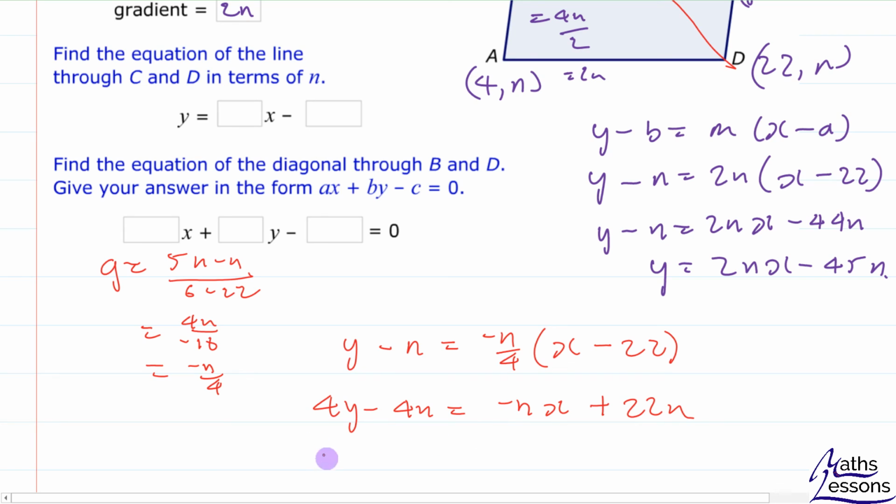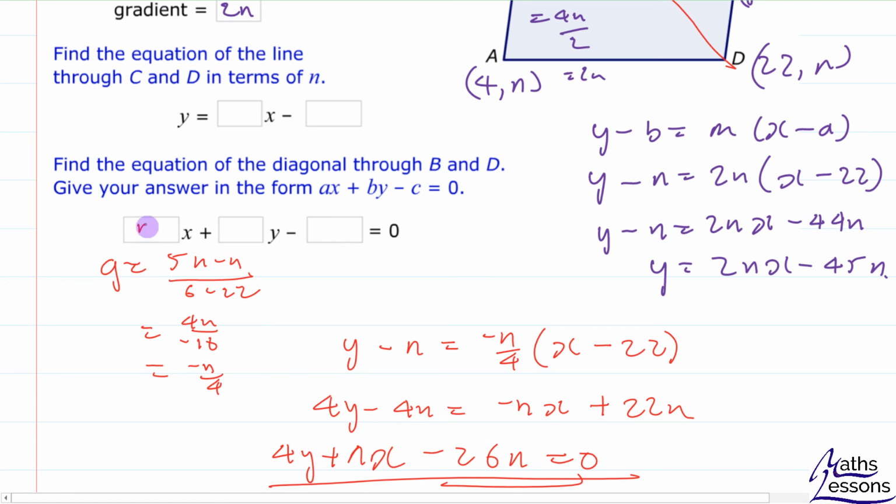Let's add on the nx, so we get 4y plus nx, and then minus 4n minus another 22n gives me minus 26n equals 0. And we've now written it in the way they want. So the value in here will be n, the value in here will be 4, and the value in here will be 26n.